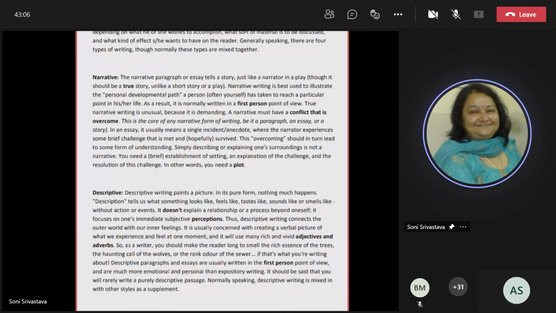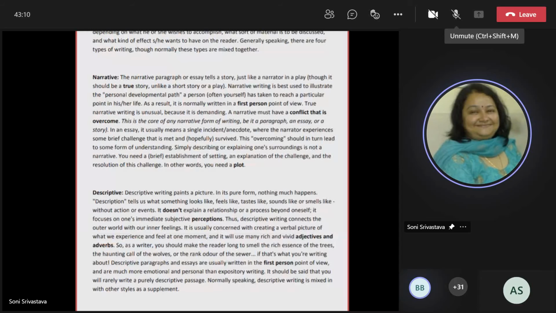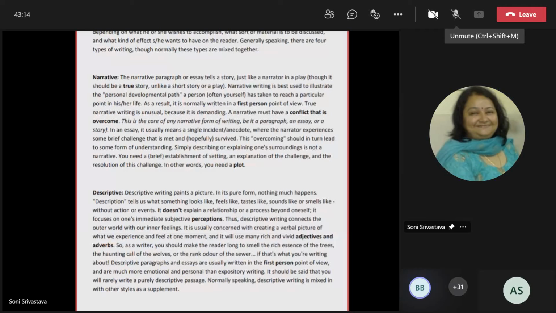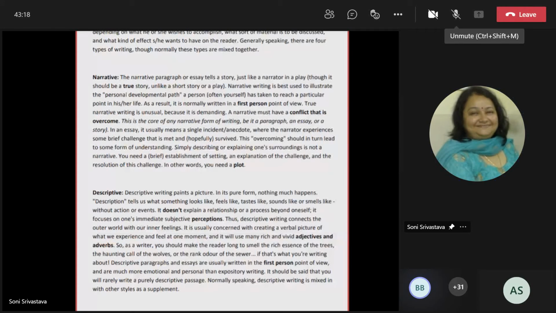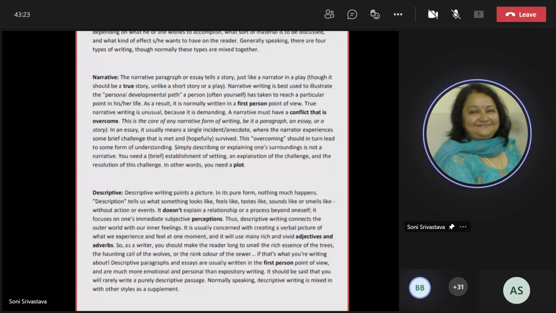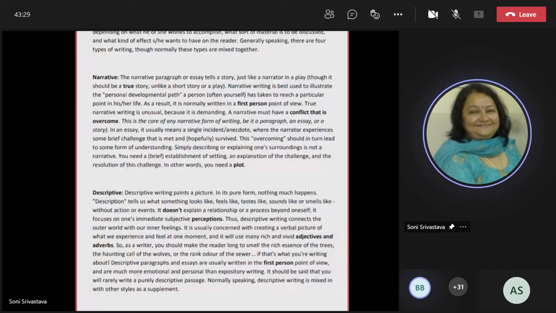Ma'am, like a story which is narrated by any other person or an incident. Taking the example of The Ball Poem, the poet expresses the scene of how the boy saw the ball going down the valley. That would be descriptive.